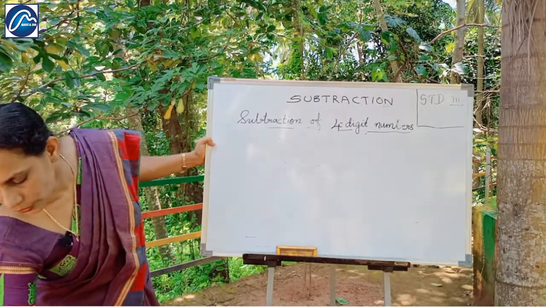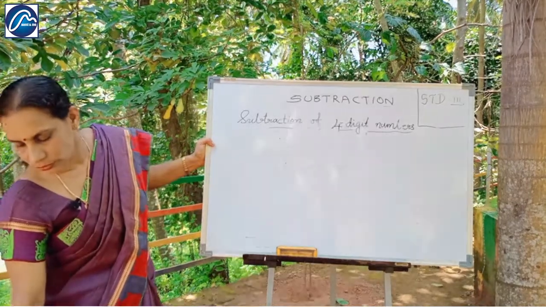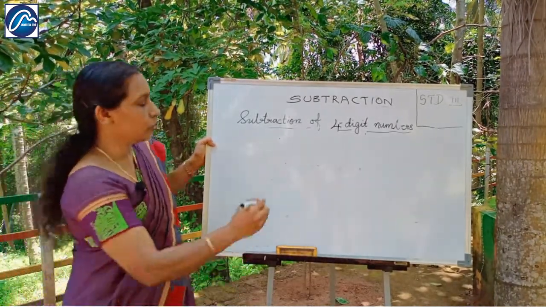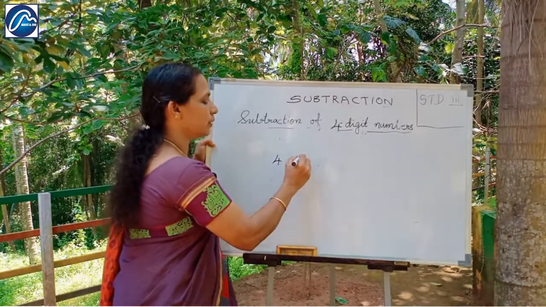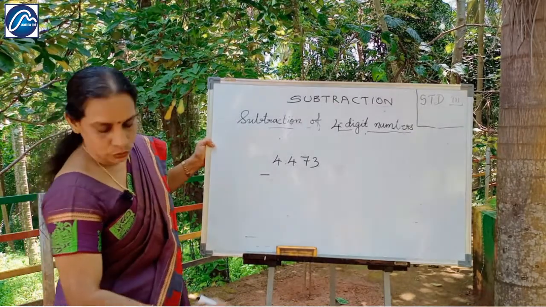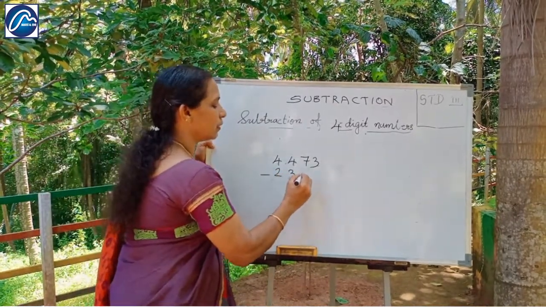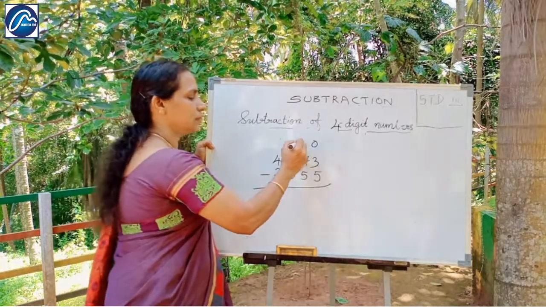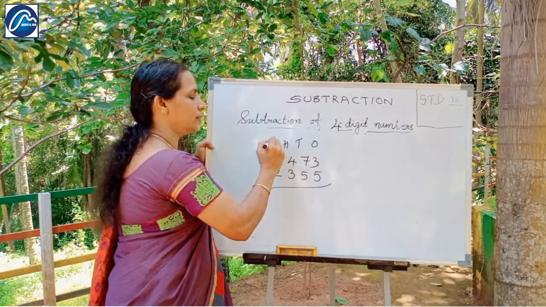First, we are going 4,473 minus 2,355. Ones, tens, hundreds, thousands.